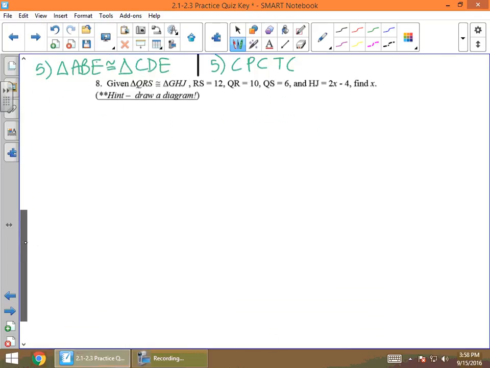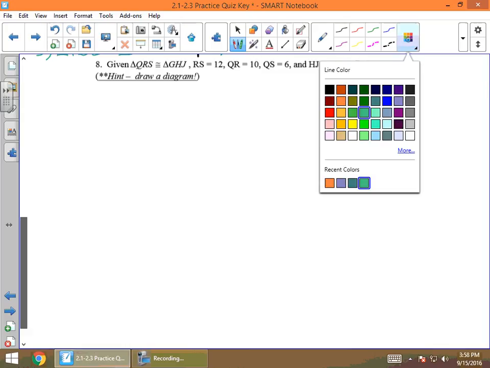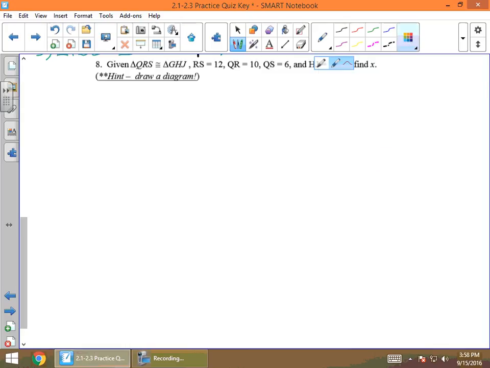All right, let's take a look at the last one. Number 8 says, given that triangle QRS is congruent to triangle GHJ, it's a whole bunch of information, and then it wants me to find x. So the first thing I'm going to do is draw a picture. I don't care what they look like, I'm going to draw two triangles that look the same.